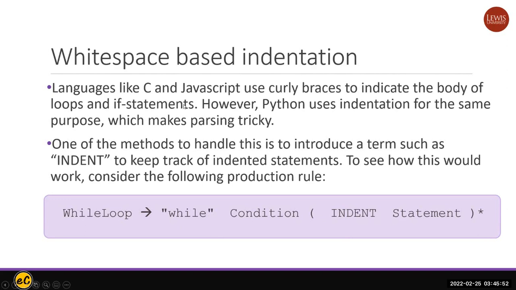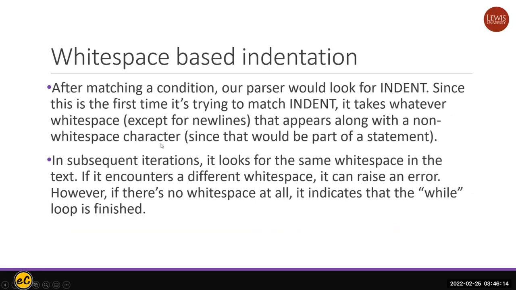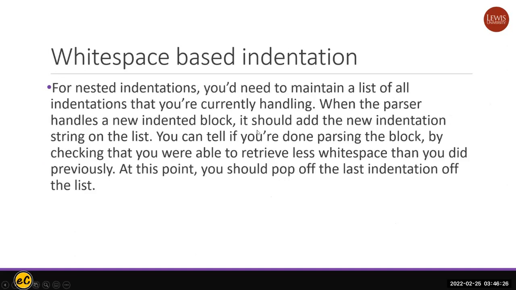Some languages like C or JavaScript use curly braces to indicate the body, while some languages such as Python need the indentation. So indentation by itself is some sort of grammar. In Python you may need that indentation rule. I just want to mention this: when you design a language, these are things you need to study. We do not provide the code for this.